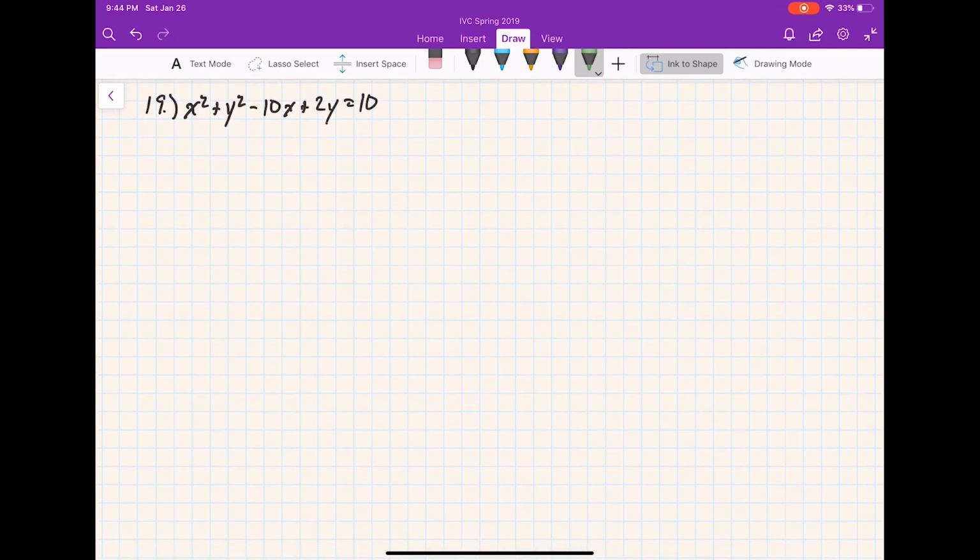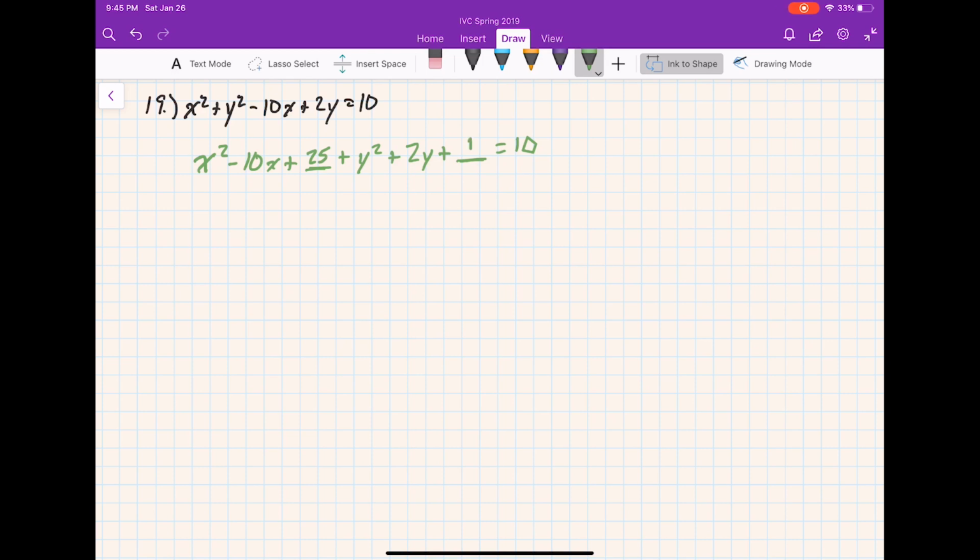Moving on to number 19. All right. This is going to be x squared minus 10x plus, leave our little space here, plus y squared plus 2y plus, leave our little space, equals 10. This is going to be 25.